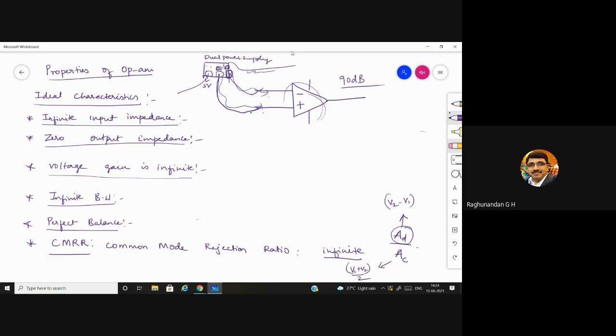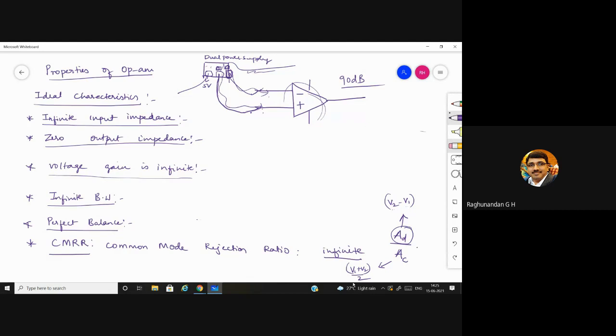So this is what happens whenever we talk about common mode signal. Common mode voltage is going to take the average of the two inputs. But whenever we talk about differential voltage, it is going to take the difference between the two inputs. Okay, so that we'll discuss in the next parts in detail.